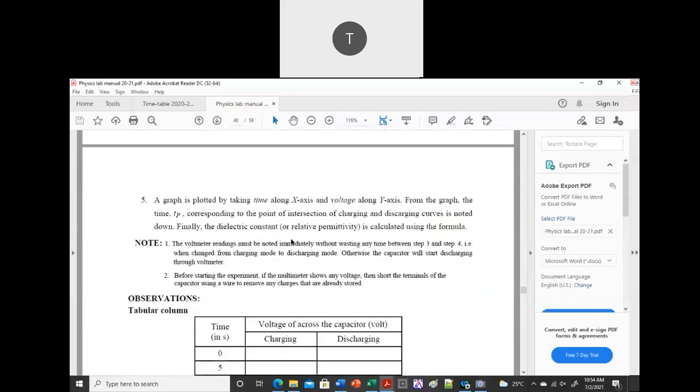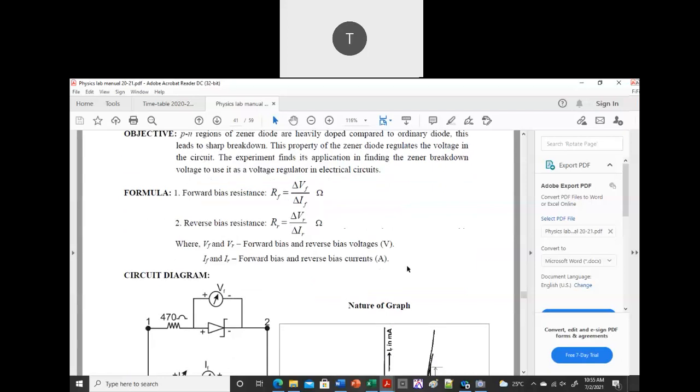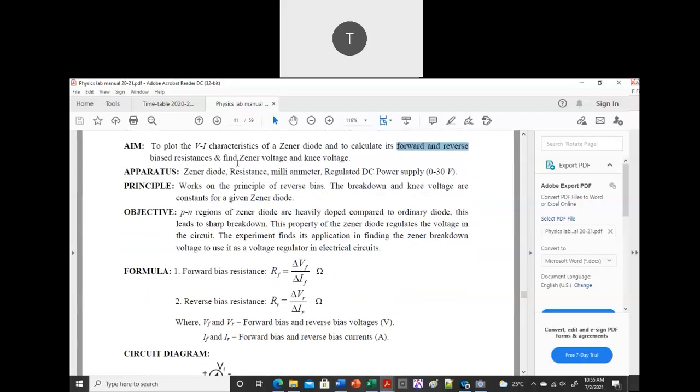So you have to do both your forward and reverse bias. You will see what is forward and what is reverse bias, and also you have to find the Zener voltage. What is the principle? This Zener diode is mostly useful when it is working in reverse bias.